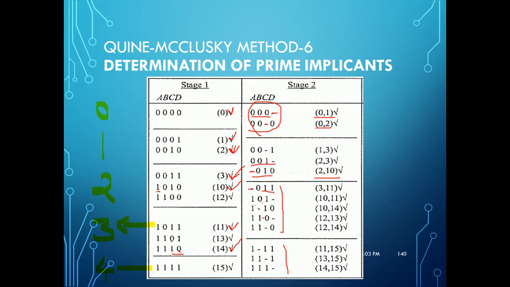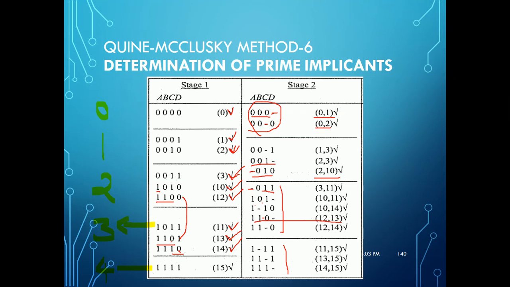Try to combine 12 with 13. Can you do that? 1 1 0 is matching with 1 1 0 of this. So 0 changes to 1, that can be written as dash. So that is what 12 and 13 is being check marked, and also we have written 12 and 13 here. That is 1 1 0 dash.